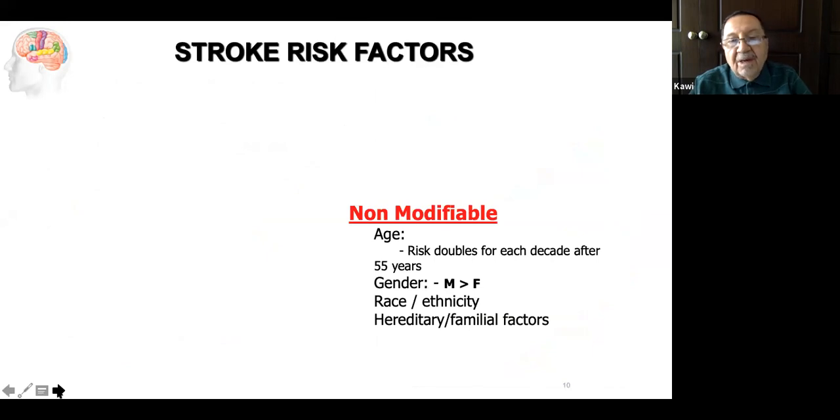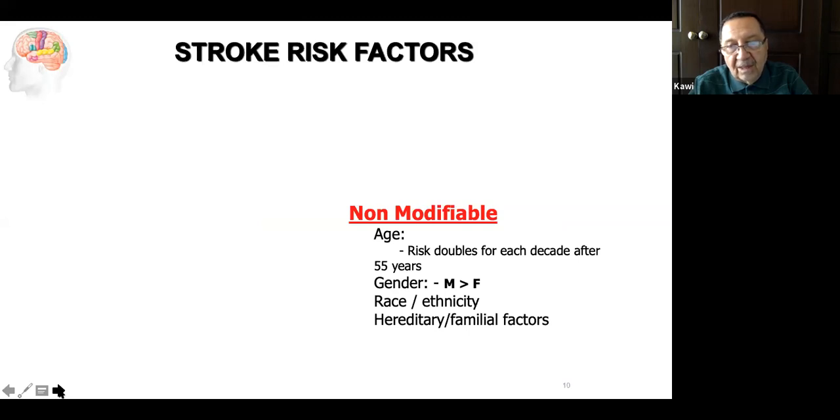There are some non-modifiable risk factors. We cannot do anything about it. Age is important. The risk doubles for each decade after 55 years. We can't do anything about age. Every one of us will be aging. The gender, males are more affected by stroke than females.